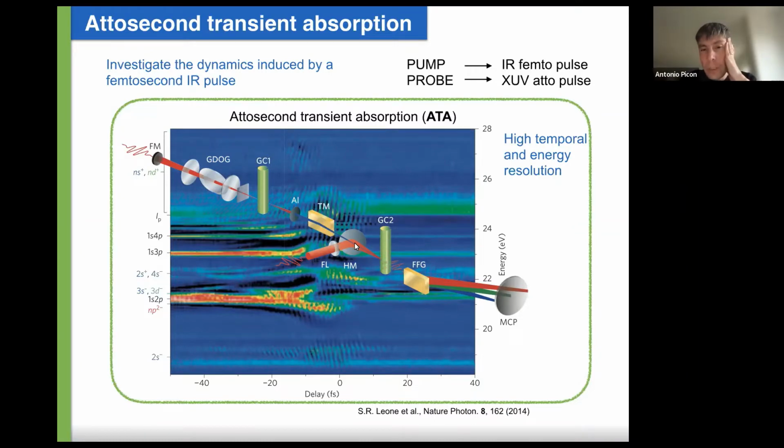Then these two are focused on the second target, that can be a gas phase, like in this scheme that I'm going to show, but it can also be a solid. This is what I'm going to show later. After the attosecond pulse goes through the system, we measure it with a spectrometer.